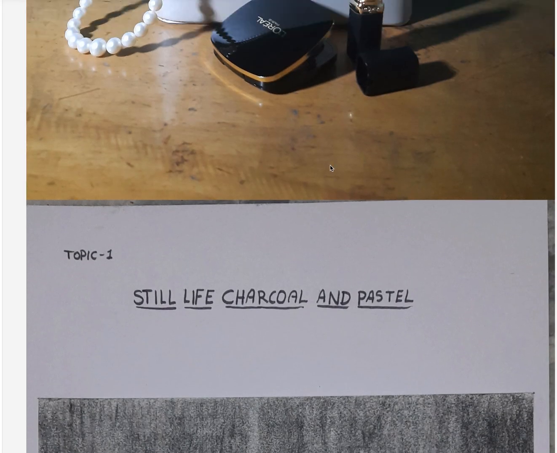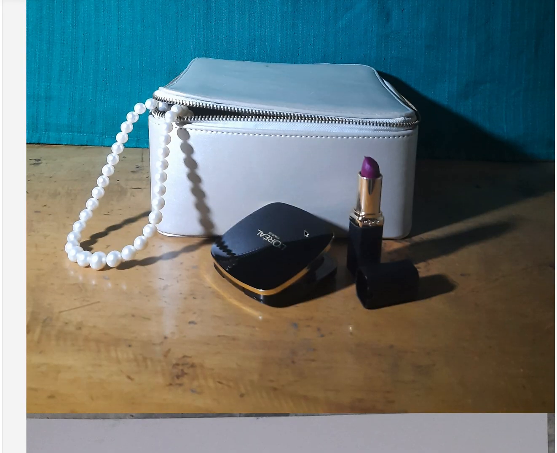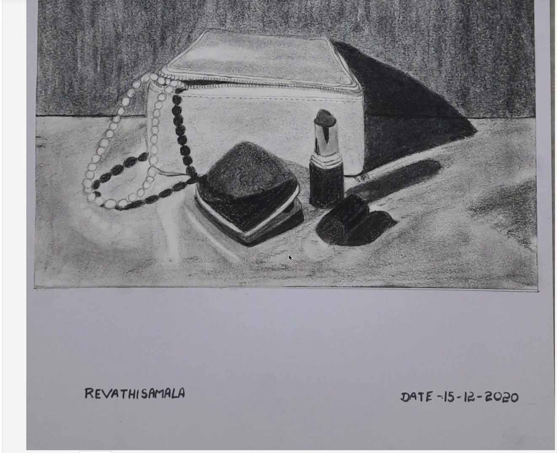The lipstick and the case are looking fine. The values are okay. For the pearl string, try avoiding doing outlines. Outlines mean this object is ending, that's the end line, right?